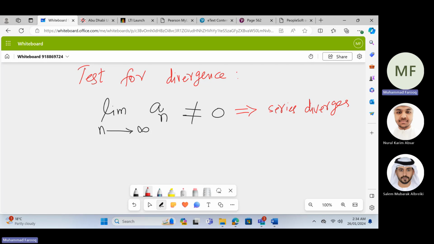If the answer of your limit calculation is 0, this test doesn't help you, which means the situation is inconclusive. Change method.